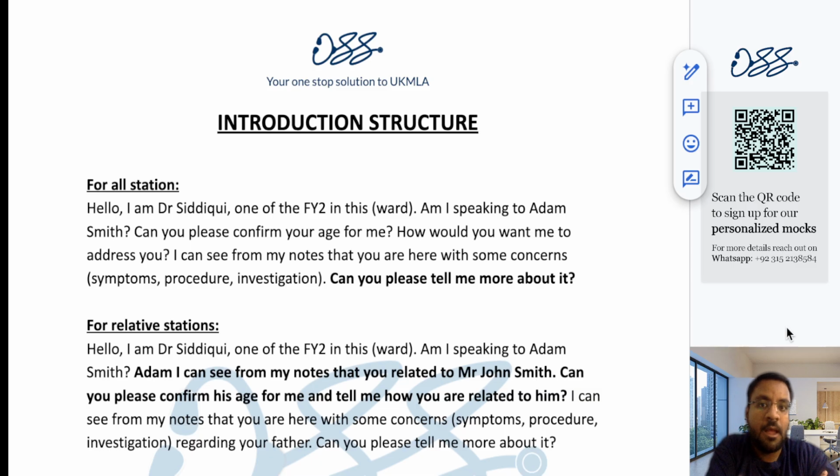Okay, we are not going to discuss individual cases, like there are 600 cases in PLAB 2, and there is no point in just going through those 600 cases without sorting your basics. Okay, and this is something which is rarely offered by a lot of academies and a lot of tutors out there, that they don't let you focus on the basics.